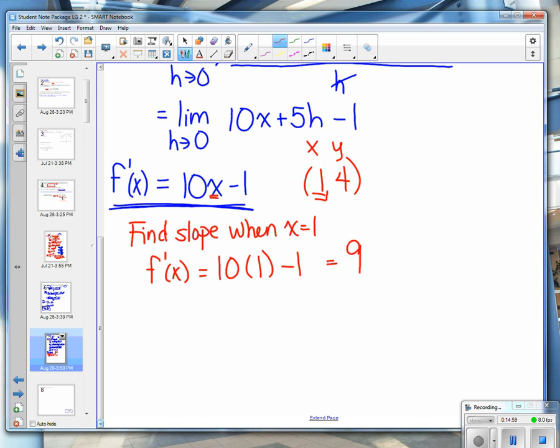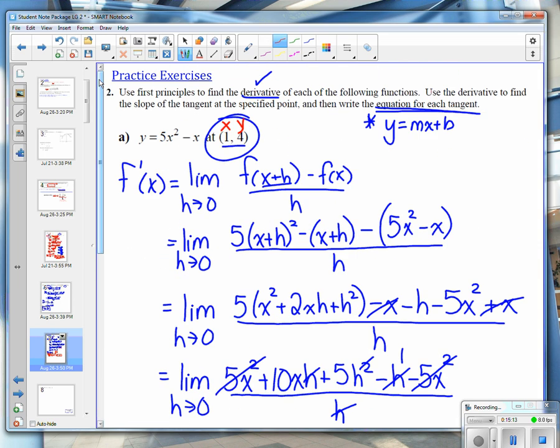So I know that 9 is my slope. So remember, I'm going to say it a million times, slope and derivative are the same. So I've got my slope there. So now we've done the second part. It's saying, okay, use the derivative to find the slope. Excellent. Last step here, it's saying write the equation for each tangent.